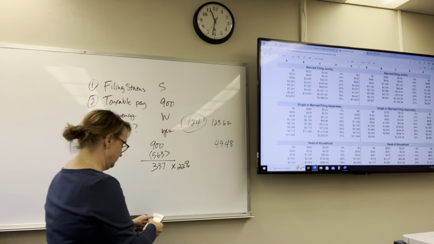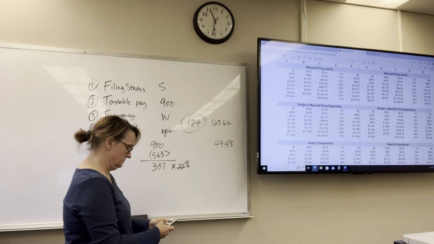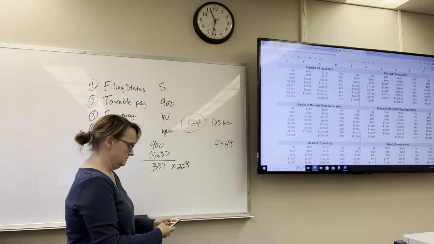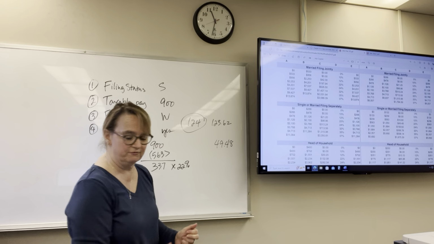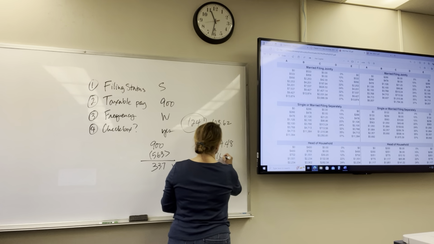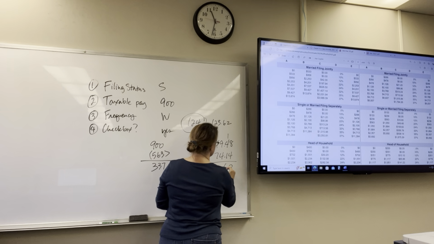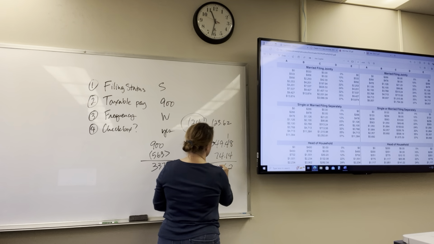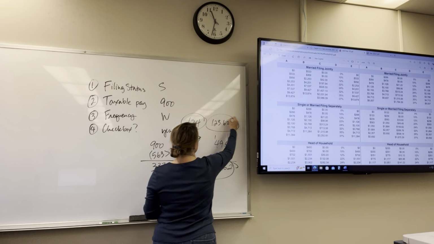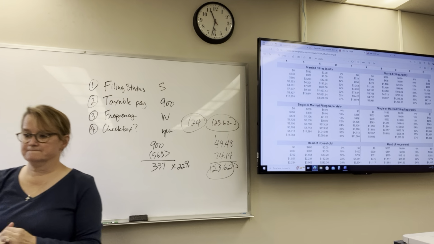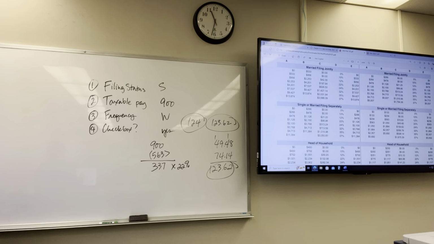We're going to add these two together: $74.14 plus the tentative amount gives 123.62. Clear? Okay.